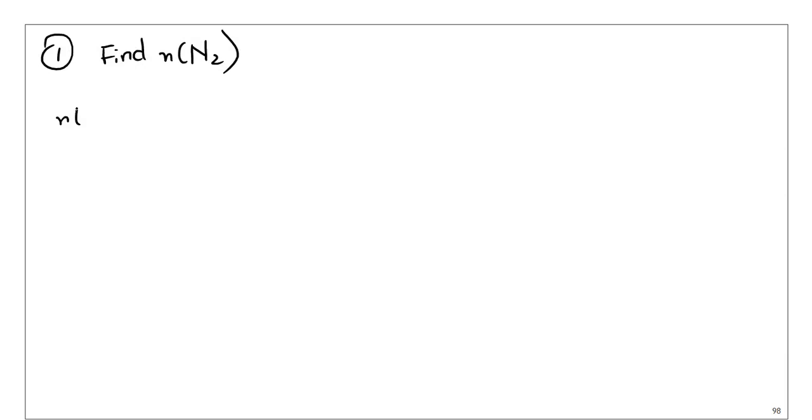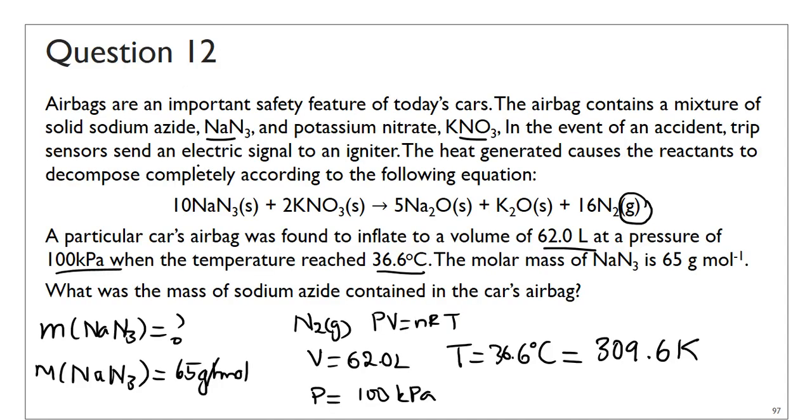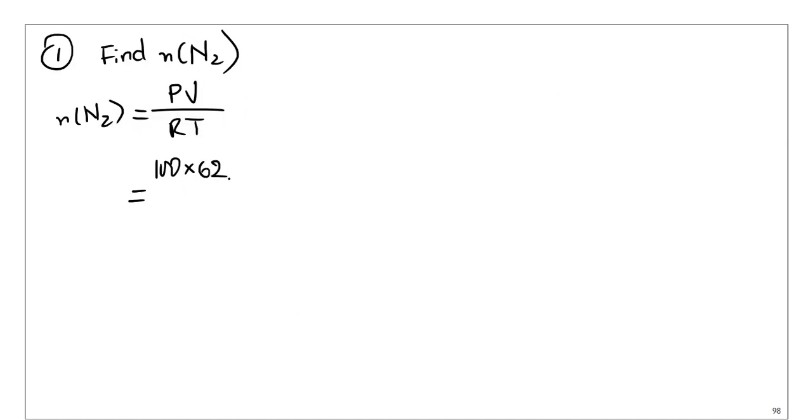If we have PV equal to nRT, then the number of mole will be PV over RT. So 100 kilopascal, 62 liter, 8.31 is the universal gas constant, temperature in Kelvin is 309.6.